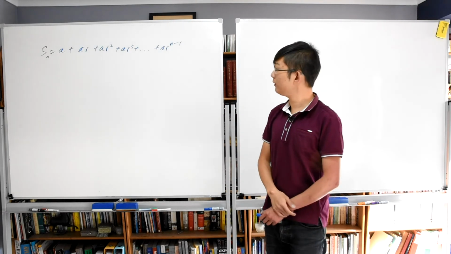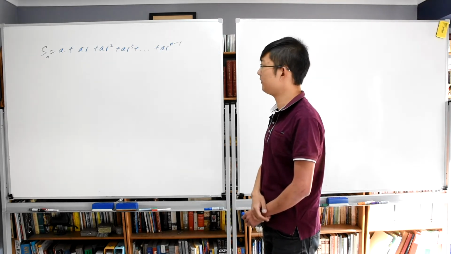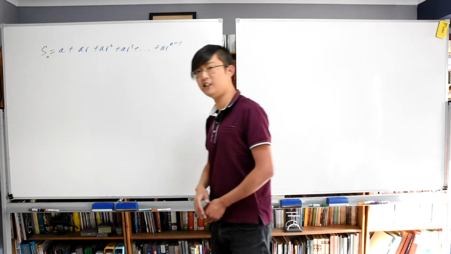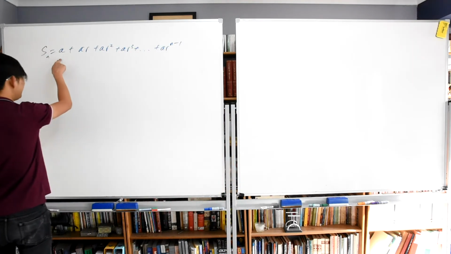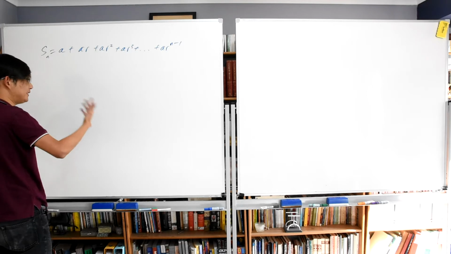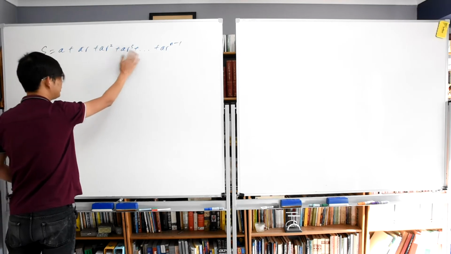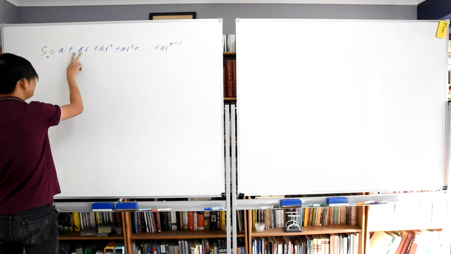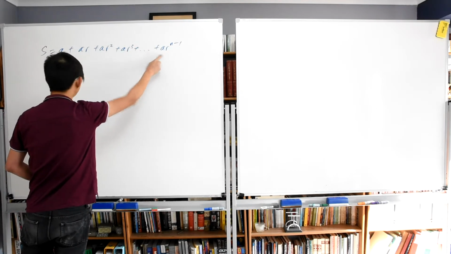How will we find the sum for a geometric series of n terms? Let's consider the general form of a geometric series of first term a, but now instead of a common difference d, we now have a common ratio r. So a plus ar plus ar squared plus ar cubed, and so on, where this is the first term, second term, third term, fourth term, and so on all the way to the nth term.